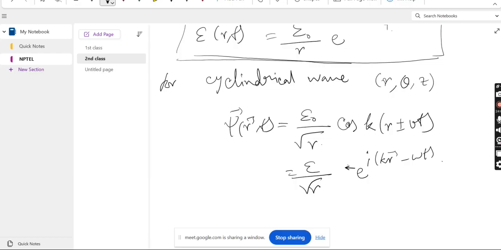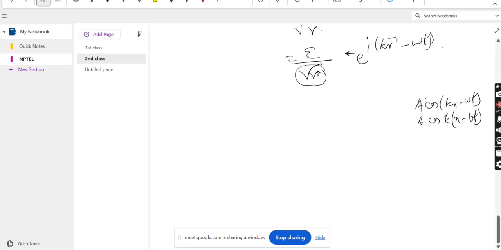So in the last class, I already mentioned that you can write a wave function as a cos kx minus omega t or a cos k times x minus vt. They are all the same. So basically 1 by r in the amplitude denotes the spherical wave, and 1 by root over r in the amplitude denotes the cylindrical wave.